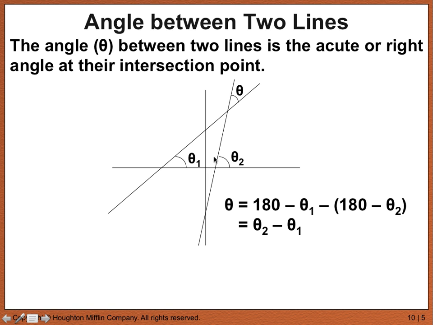So this is one of the angles of the triangle, this is the other one, and 180 minus those two gives me the remaining angle, which is theta. So theta, in terms of theta 2 and theta 1, is simply theta 2 minus theta 1. And that is what happens when I simplify this expression, 180 minus theta 1 minus 180 minus theta 2.